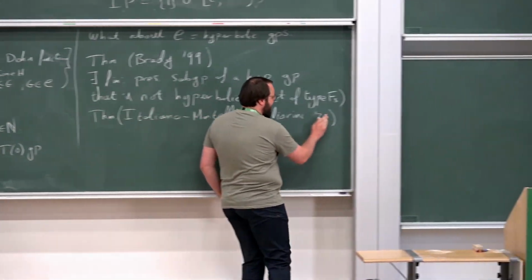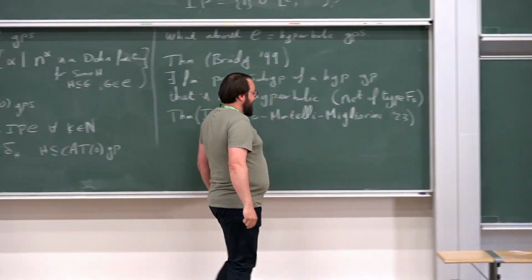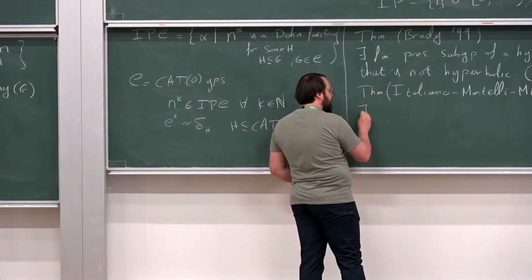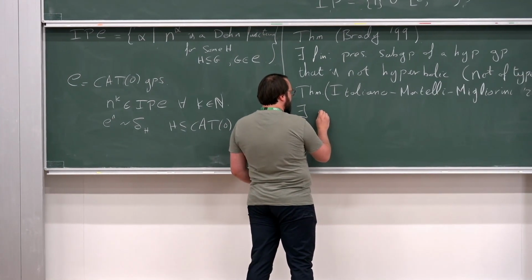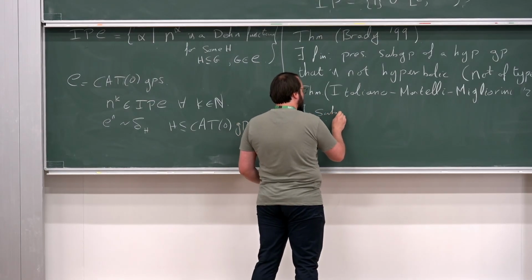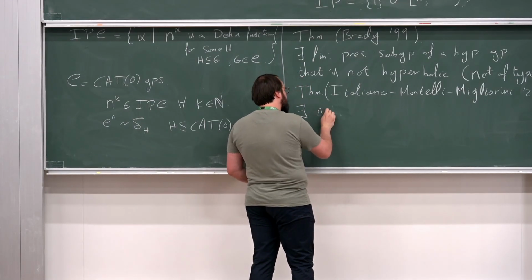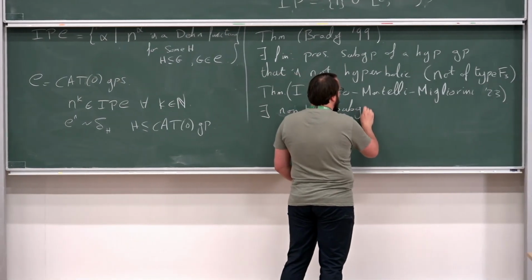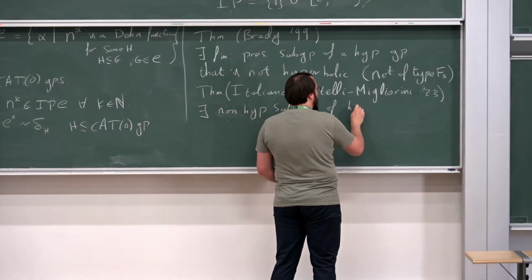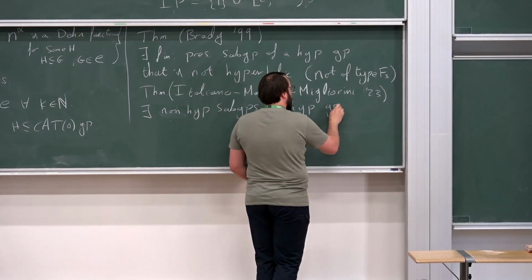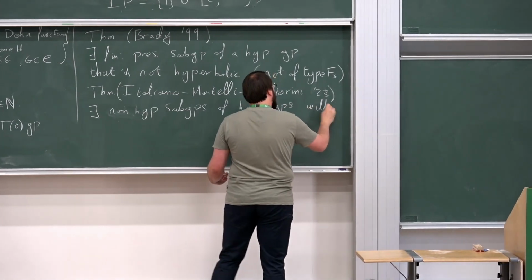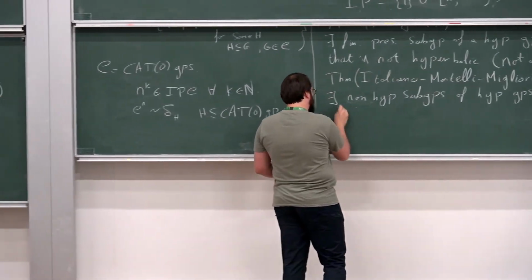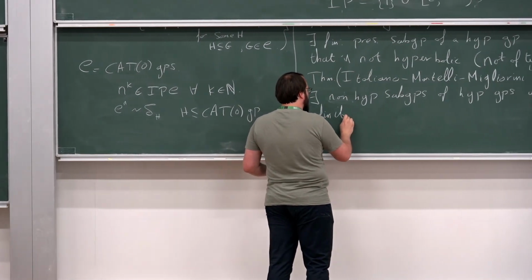Okay. So there exist non-hyperbolic subgroups of hyperbolic groups with finite classifying space. Finite.